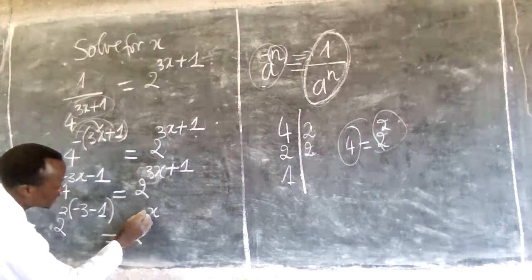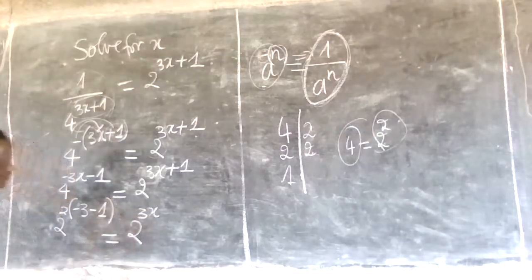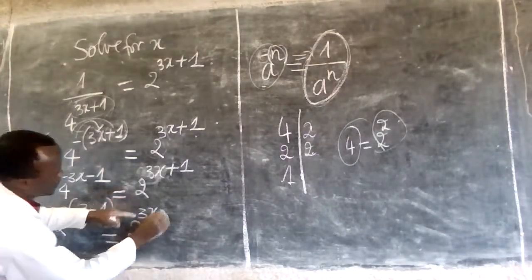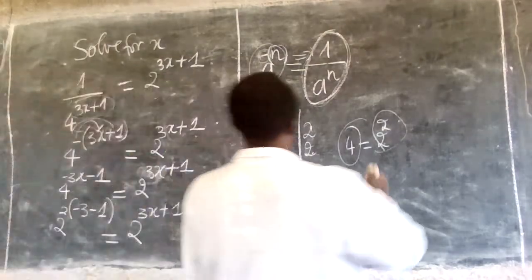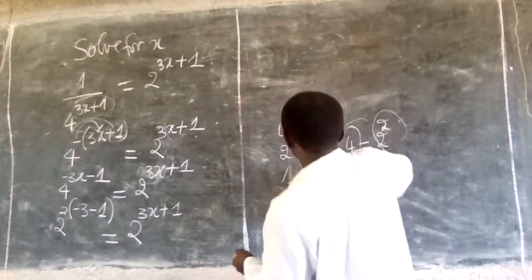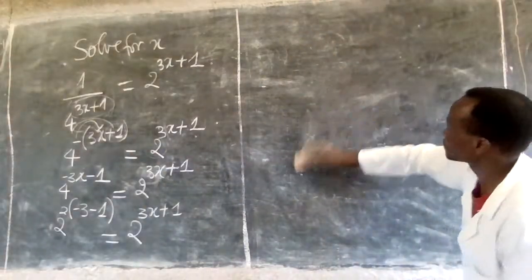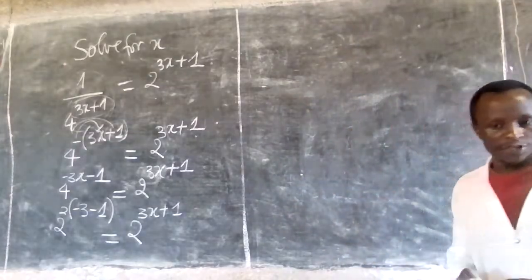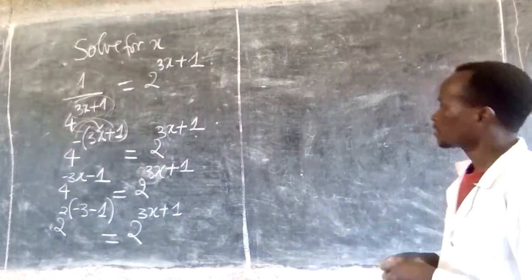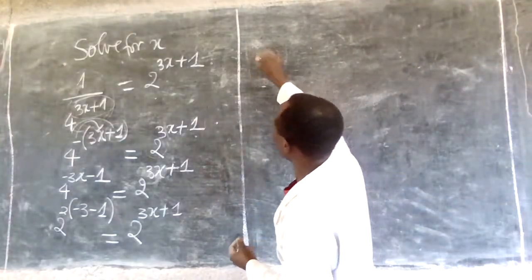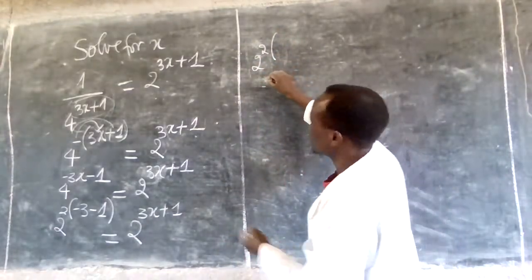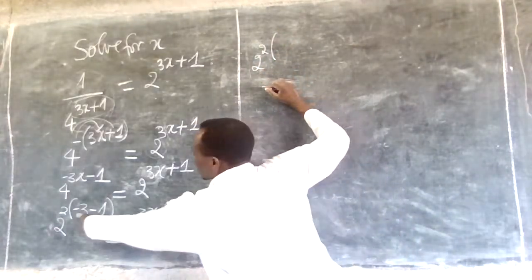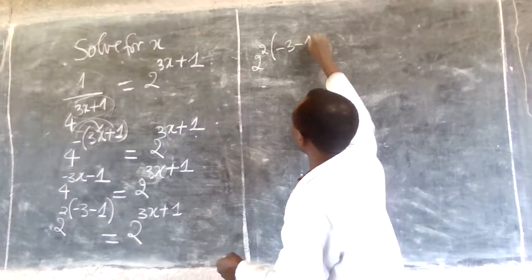It was 3x plus 1. Yes, now let's continue. Now it is 2 power 2 factor, this minus 3x minus 1.